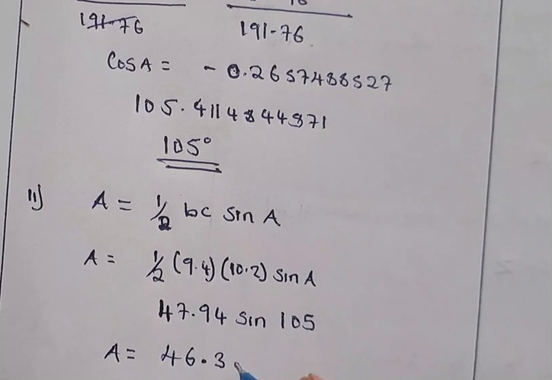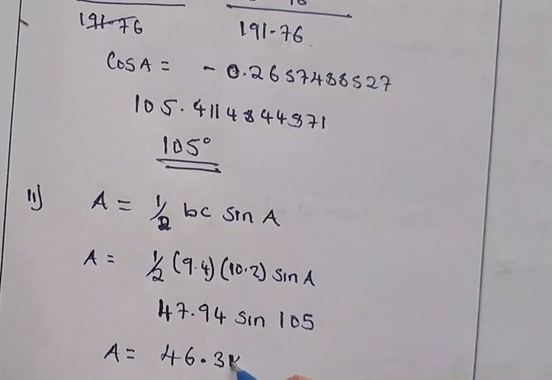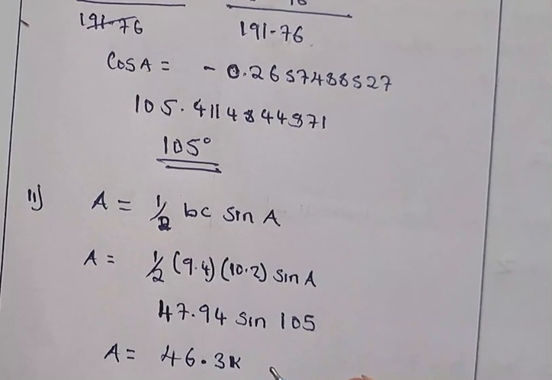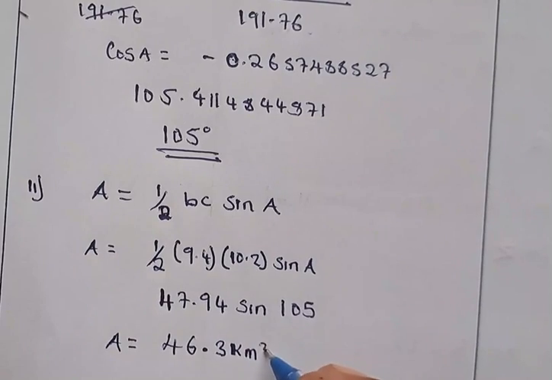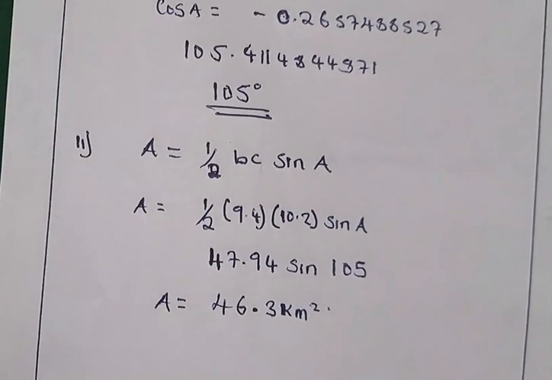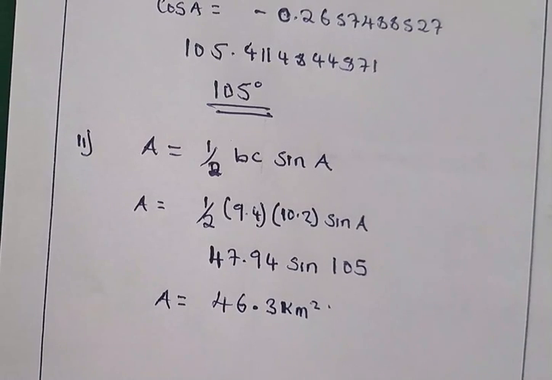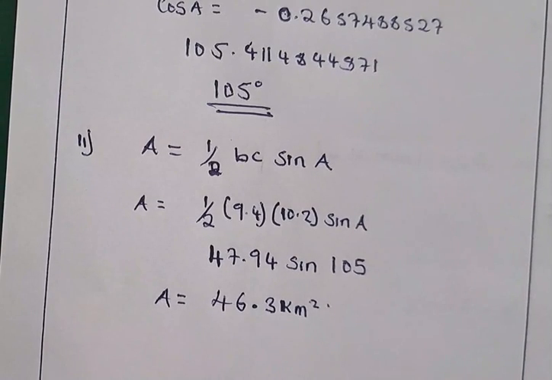We just rounded off to one decimal place because it was giving something like 46.30 blah blah blah. So this is kilometer squared. So that's the other question. This one was pretty easy, isn't it? That is 2 marks. Okay, worth it.